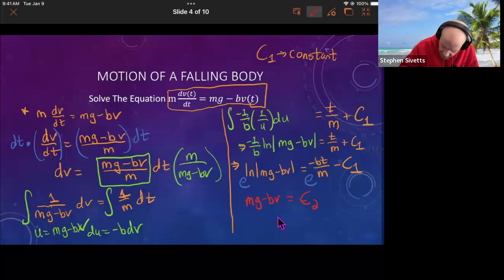So e to the minus c1, that's just another constant. So it'll be c2 times e to the minus bt divided by m. Okay. And then from here, we're going to solve for v, right? Solve for v here.